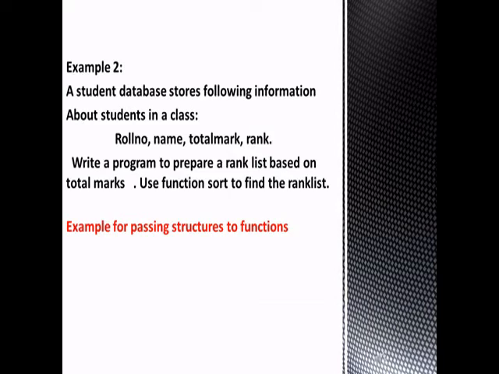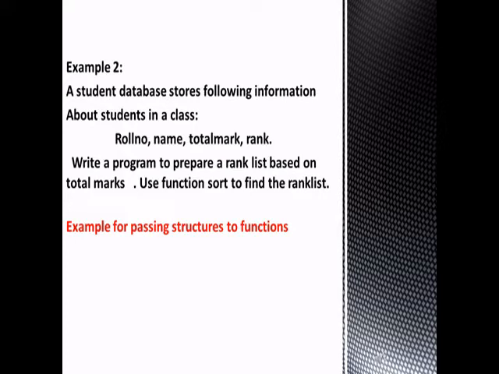The second example is to create a student database. For that, we create a structure that stores the name, roll number, total mark and rank of the student. We read in the details. We sort the students depending upon the total mark and then assign ranks and then print the rank list in the tabular format.